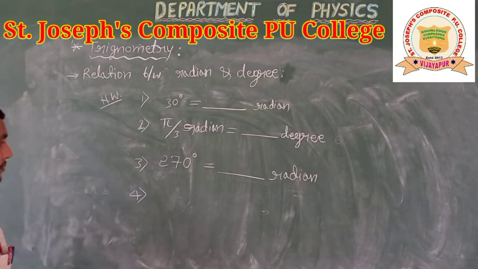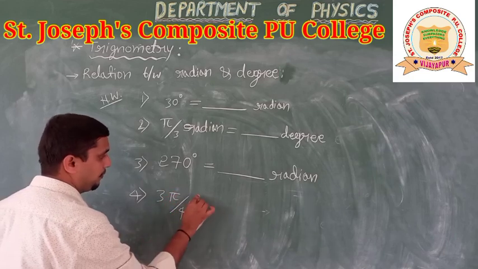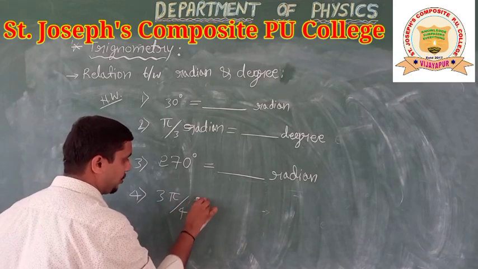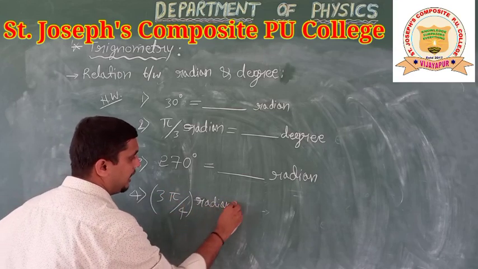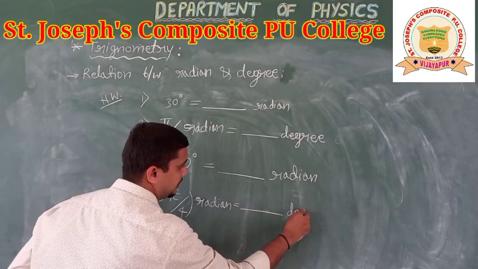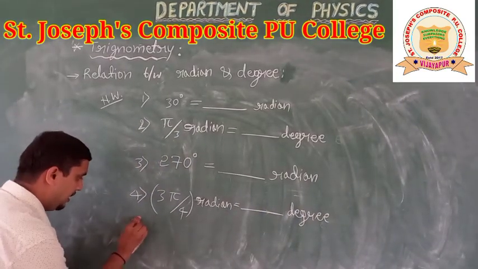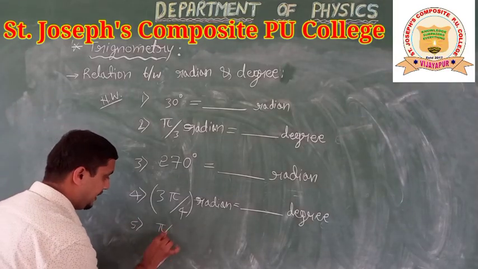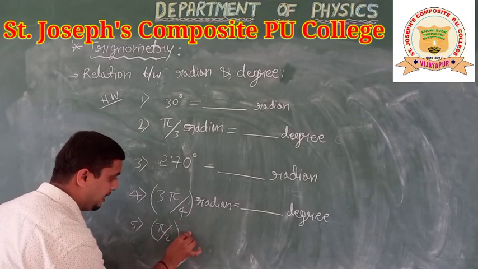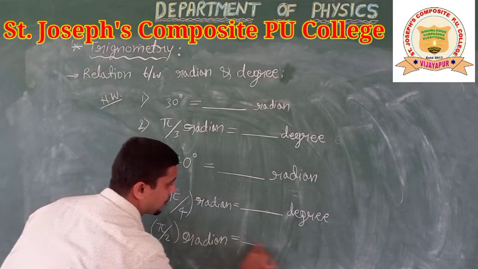The next one: 3 pi by 4 radian is equal to dash degree. And the fifth one, just try to convert: pi by 2 radian is equal to dash degree.